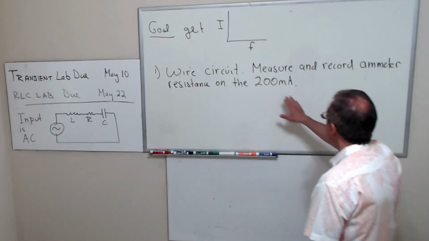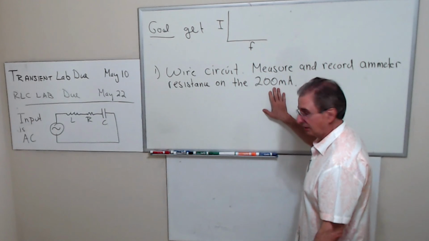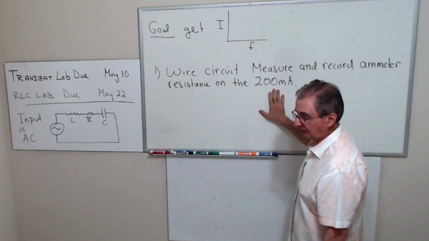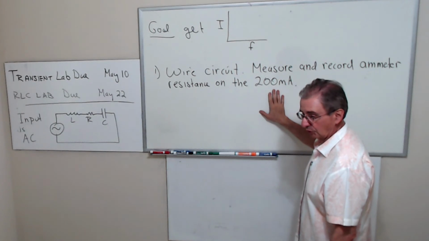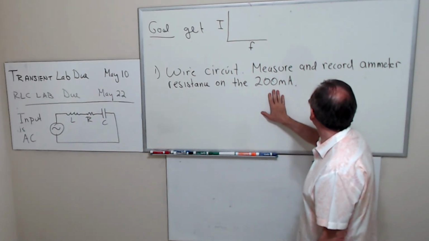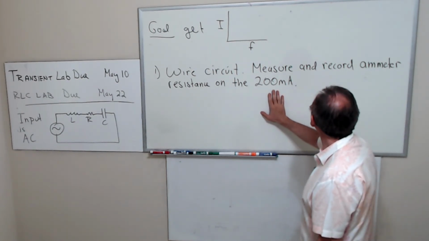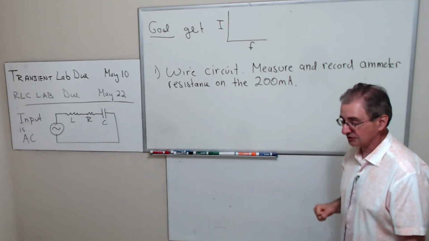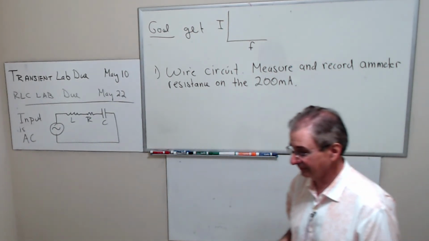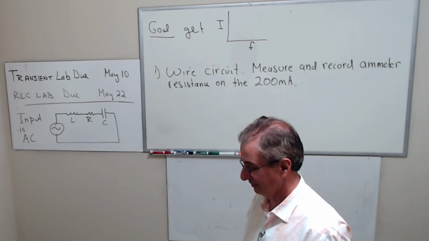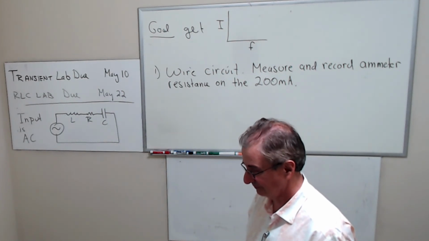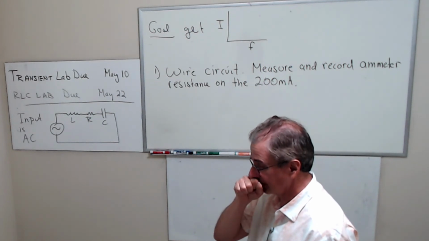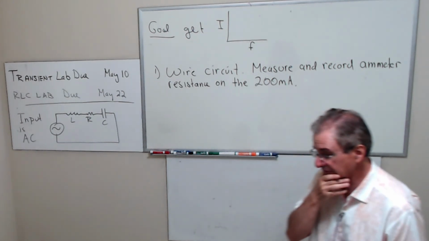Okay, why do you want to know this? Because it's going to affect your circuit. Here's the problem with the lab. When we do this on campus, we use 4 or 5 multimeters at the same time.